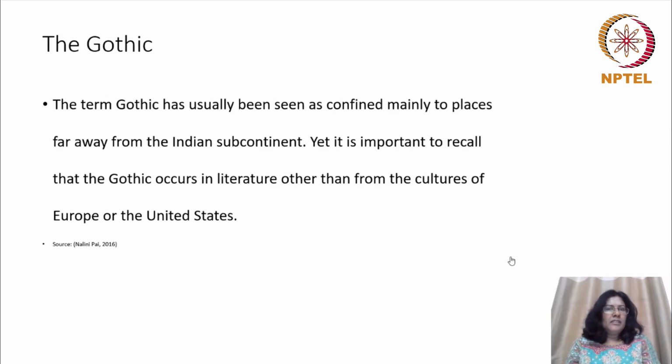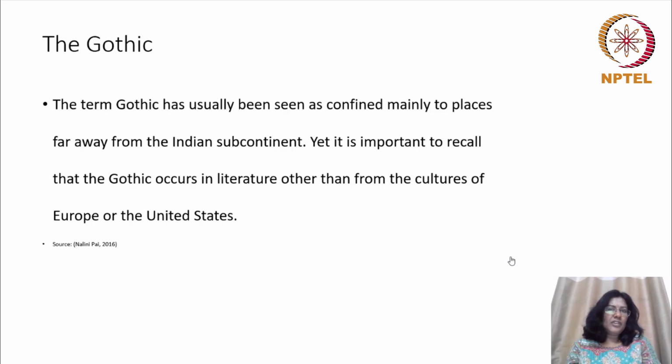The term Gothic is usually confined to places far away from the Indian subcontinent. Yet it is important to recall that the Gothic occurs in literature other than from the cultures of Europe or the United States.